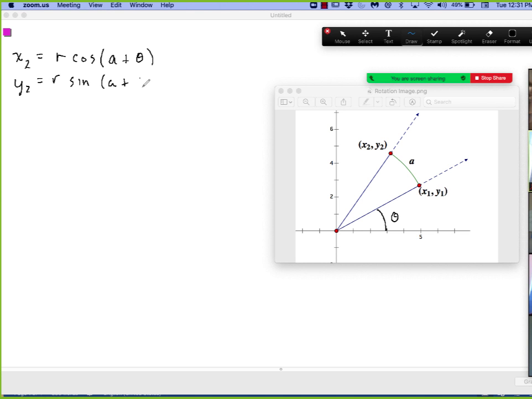And what is our goal again? We're trying to write x2 and y2 in terms of what? We have function mentality, right? X2 and y2 are going to be dependent on what in this file?